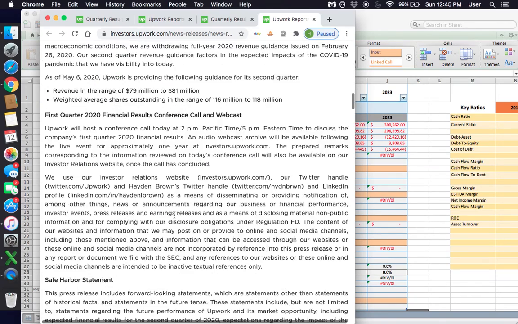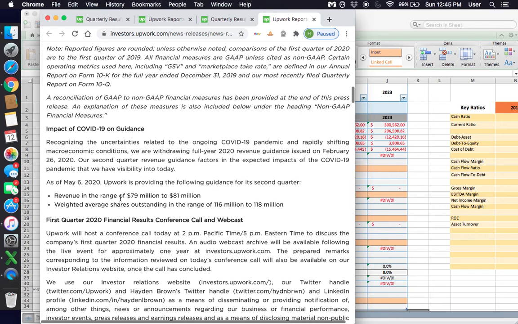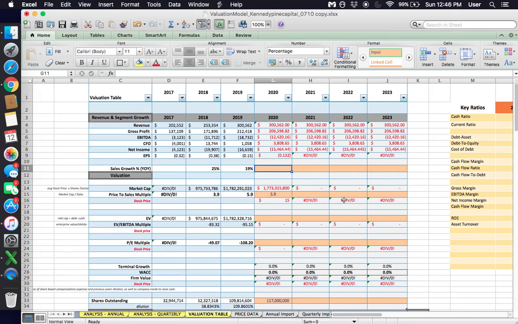And then they had the guidance down here for sales in the second quarter. Upwork is providing guidance for the second quarter, and they expect sales to be somewhere in the range of 79 to 81 million. So we know they did 83 million in the first quarter, and they expect to do another 80 million in the second quarter. So for the first half of the year, they expect to do 163 million.